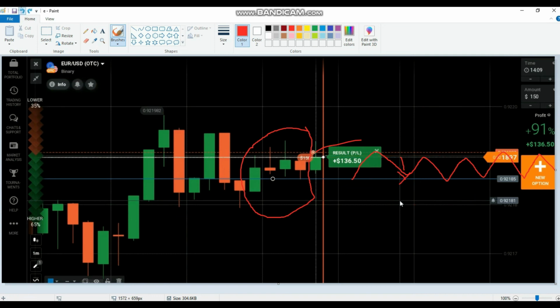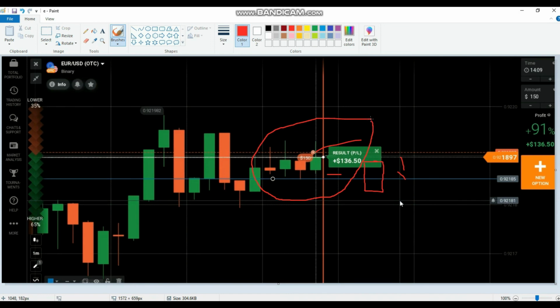Before breaking that level, if it closes here, it may open again here and try to go down. I mean, in the consolidation area, before breaking the level, the market may make a gap up or gap down. Most of the time we can see that, so it's better to stop after the fourth candle if you are seeing this kind of green-red pattern.